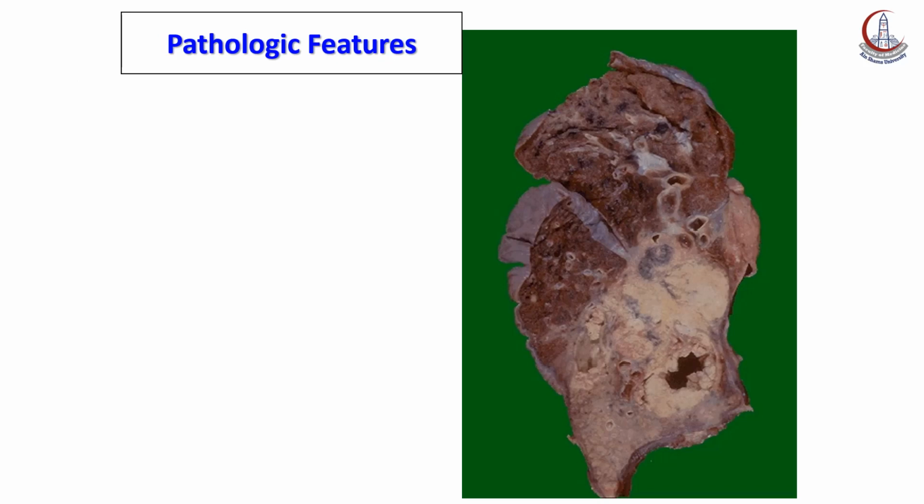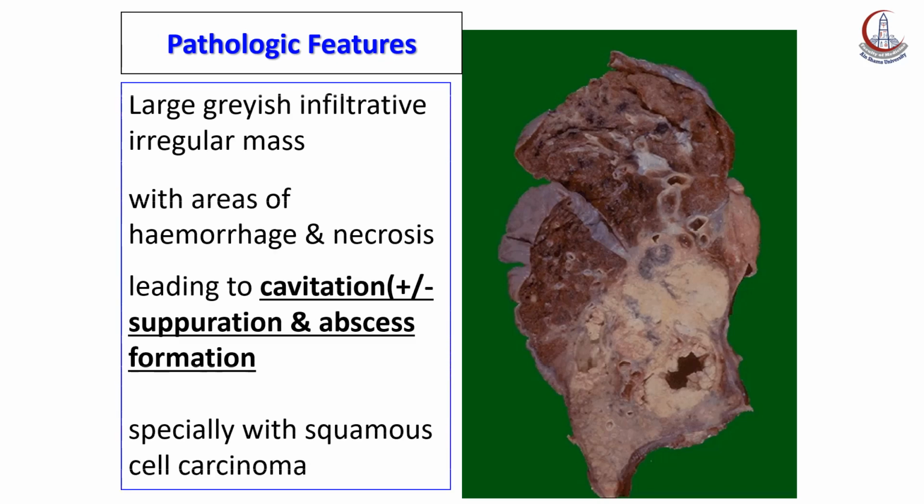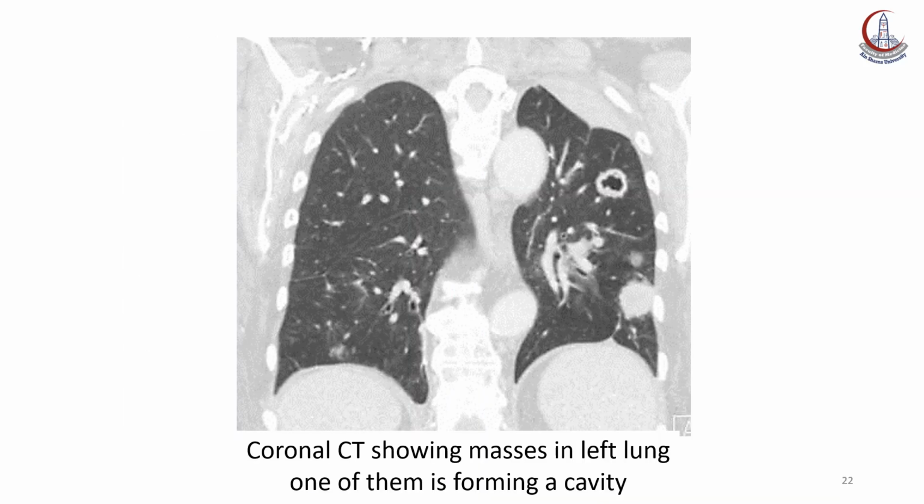Another example of bronchogenic carcinoma forming a large grayish-white mass infiltrating the lung with areas of cavitation due to necrosis or separation, especially with squamous cell carcinoma. This is an example of CT of lung carcinoma showing two masses.